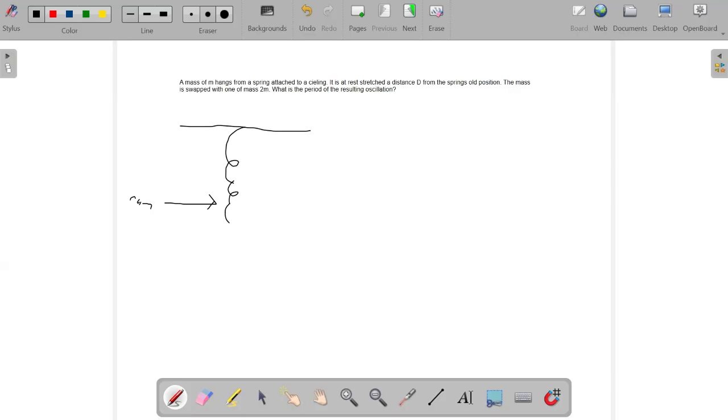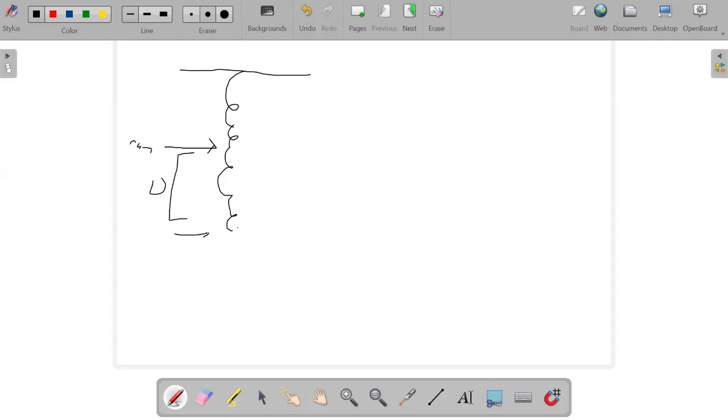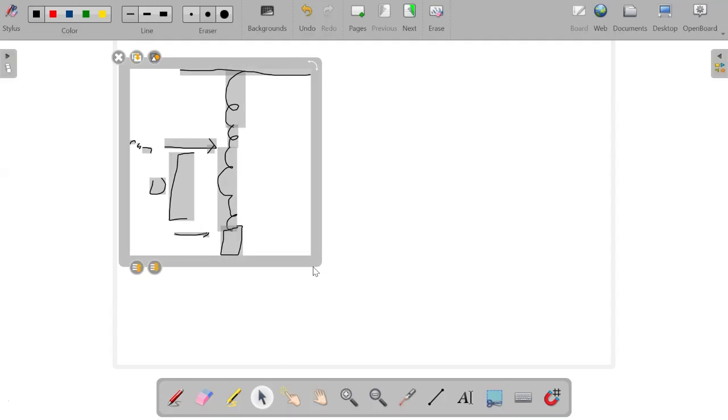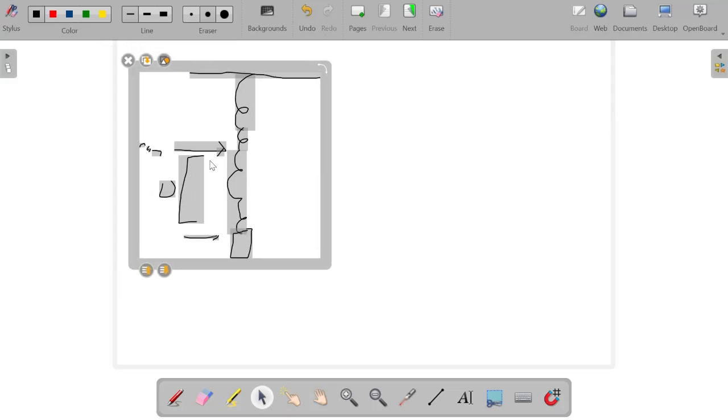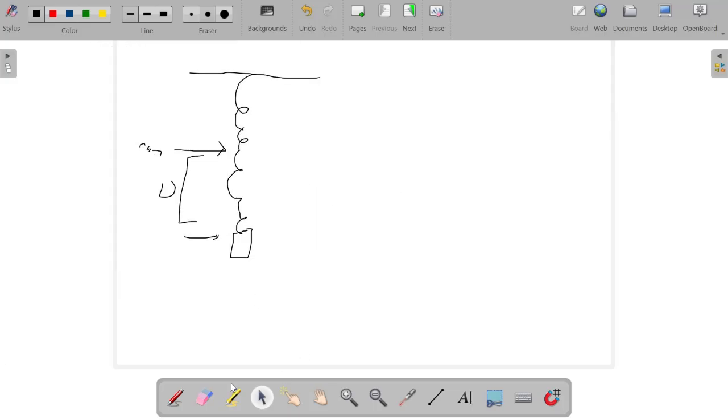And what it does is it stretches another length. It stretches this length d, and it's relaxed in this position. I might have drawn this a bit too big. Let me see if I can downsize this. I'm not very good with technology though. I'm just going to quickly draw it like this.